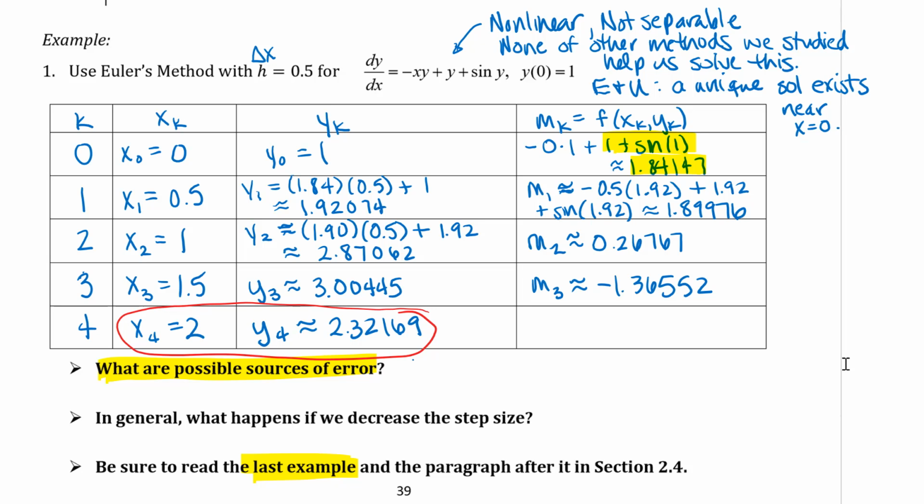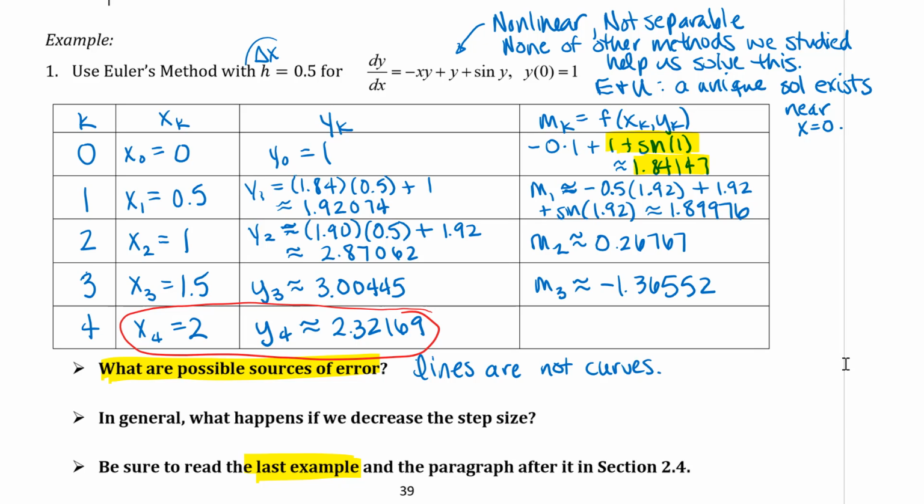and what are some possible sources of error. So the first one is one I actually already talked about and was really evident in what we just looked at. It uses line segments, and line segments are not the same as curves. Another issue is that when you choose a delta x or h value that's pretty large, you're choosing points that are fairly far away from each other.